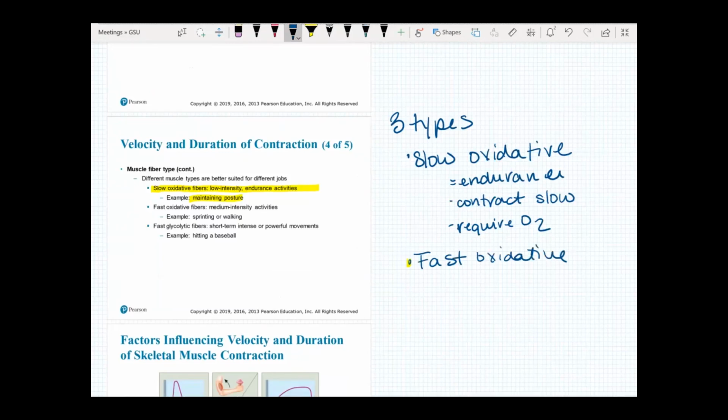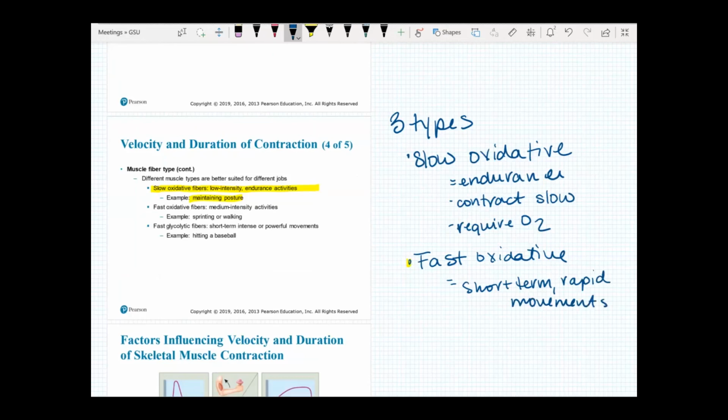This is medium intensity. So for these guys, it's going to contract a little rapidly due to fast myosin. So this is going to be short-term, rapid movements.